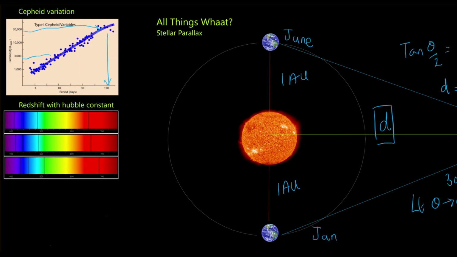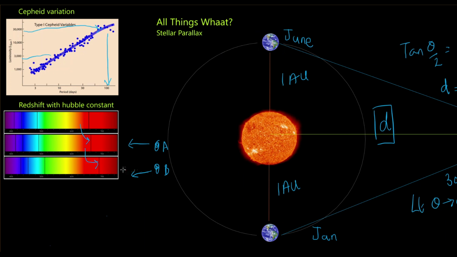For objects that are billions of light years away, we use another method that uses redshift and the Hubble constant. Essentially, in this method, we look at the electromagnetic spectrum of the object and see how much shift there is in the lines of its spectrum. So an example here is if we have a galaxy A and a galaxy B, we can see that from the spectrum of galaxy A, there has been a shift, and from galaxy B, a more red shift.